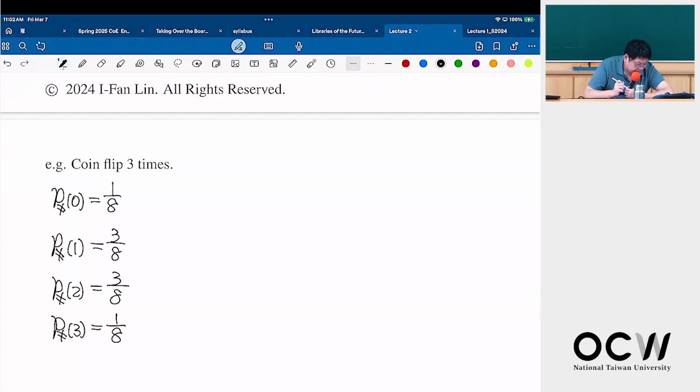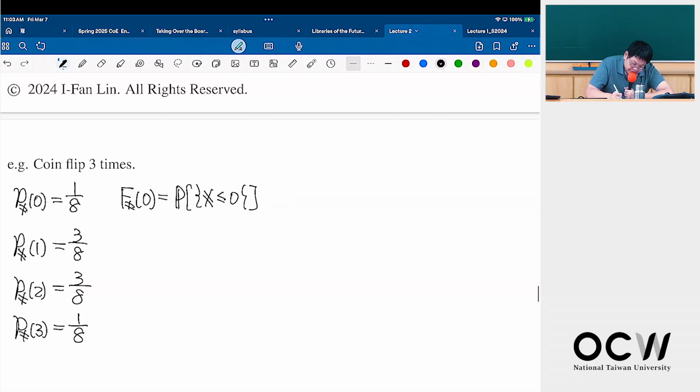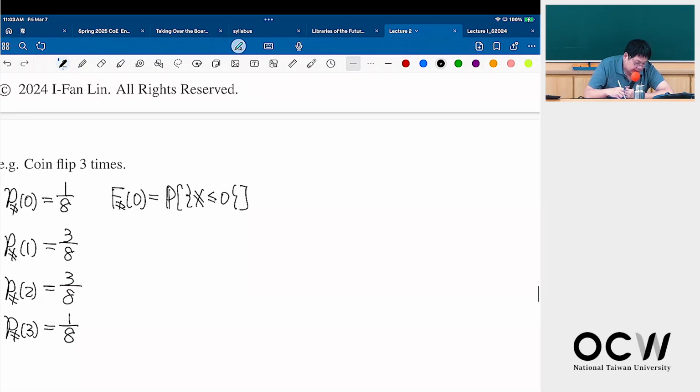So for the CDF, F_X(0) means the probability of your random variable X less than or equal to 0. Less than or equal to 0 means I only have the PMF at 0, which is 1/8.